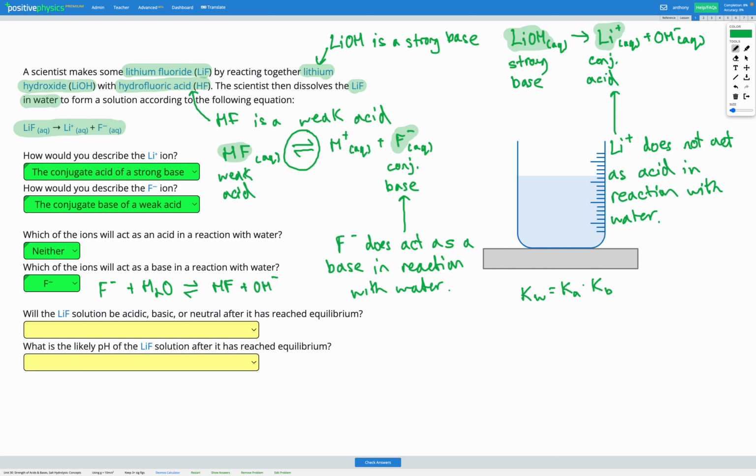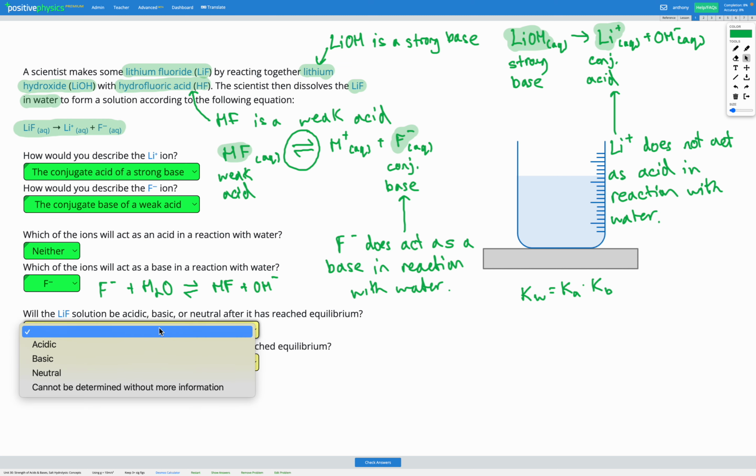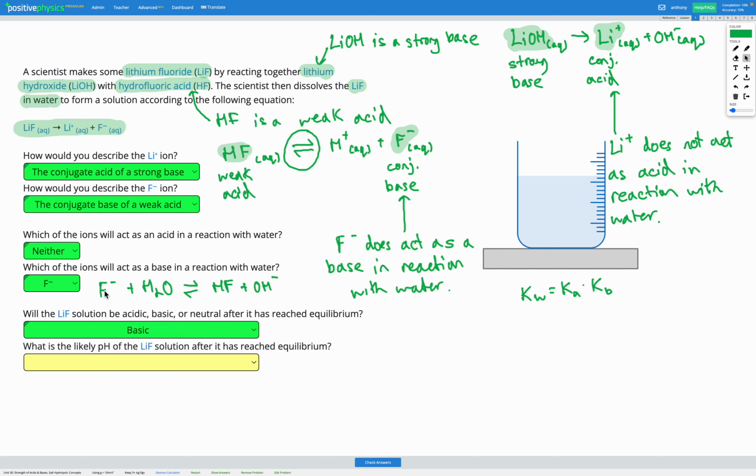That means we're producing hydroxide ions, which are going to make our solution basic. So will the LiF solution be acidic, basic, or neutral? It's going to be basic because we have those F- ions, which are basic ions, reacting with water to form HF and OH-. So what will the likely pH be? It's going to be greater than 7 because we have a basic solution.